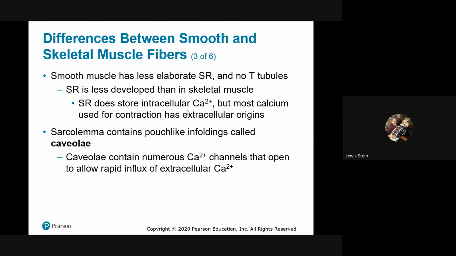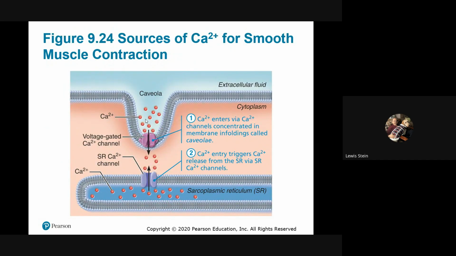This is still called a sarcolemma, and it has a lot of calcium channels that open to allow the extracellular calcium in. This would be more in the line of a ligand or chemically gated channel. They have a pretty good illustration here, though they are calling it a voltage gated calcium channel. I guess they're indirectly indicating that.